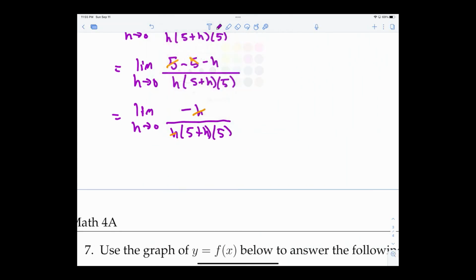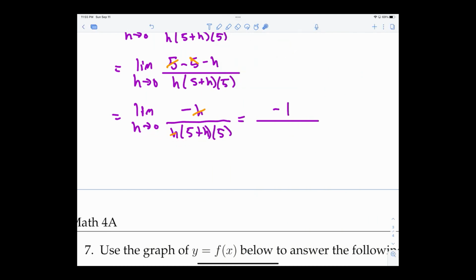So as soon as we do that, there's nothing stopping us from plugging in h equals 0 now. I'll kind of cheat and do it in one line again. So in the numerator, we just have -1, right? We canceled the h, but the negative is still there. And then we're going to plug in h equals 0 down here.